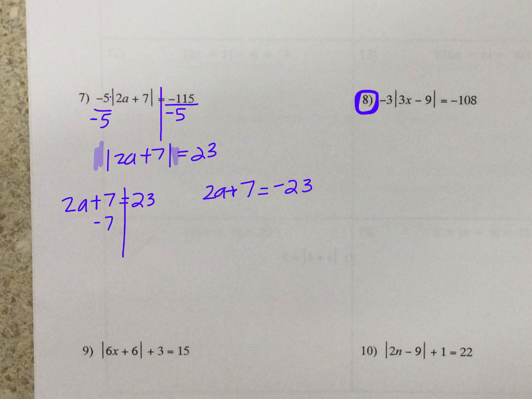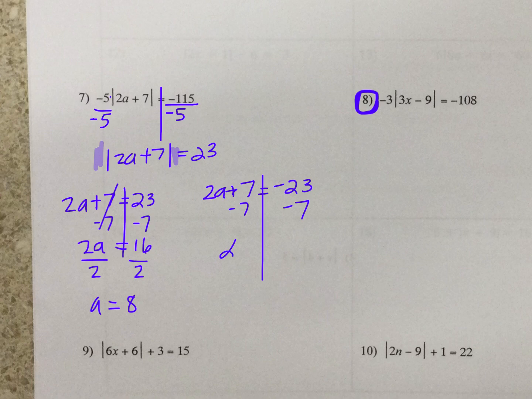All right, let's solve this. I'm going to subtract 7. So on this side, I'm left with a 2a, and on this side, I'm left with a 16. Divide by 2, a equals 8. So that's one problem. Now we solve the other one the same exact way. First, we're going to subtract 7.